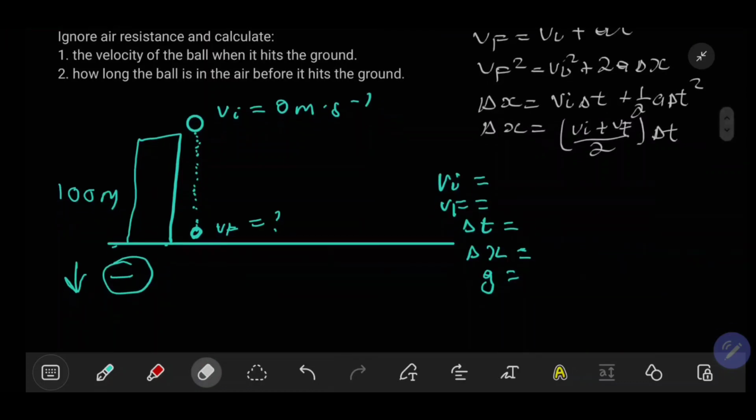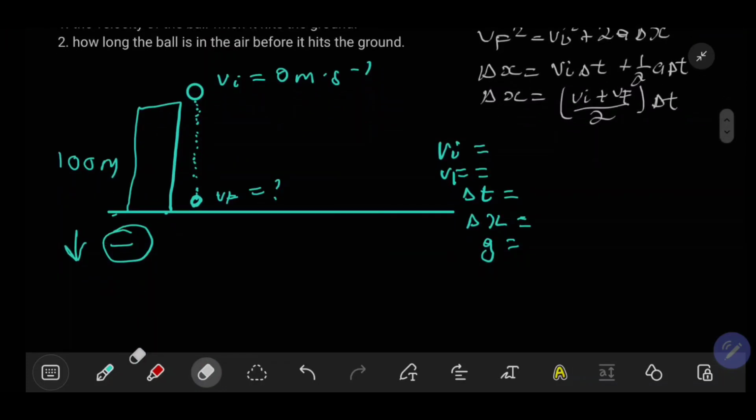All right, so now because we have chosen the direction, we can fill in our information for these quantities. So we know that our initial velocity is 0 meters per second, right? Then we're looking for the final velocity.